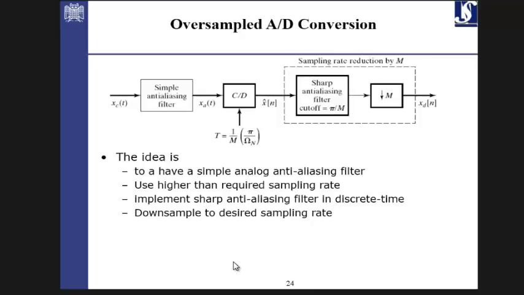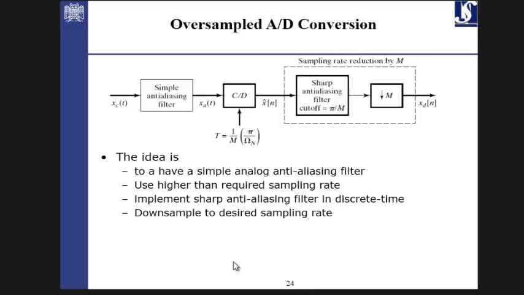You know that if the signal has a high bandwidth, then cutting the frequency at pi over T using analog filters, an analog anti-aliasing filter, is actually impossible. Designing an analog filter with that bandwidth is really a hard task.